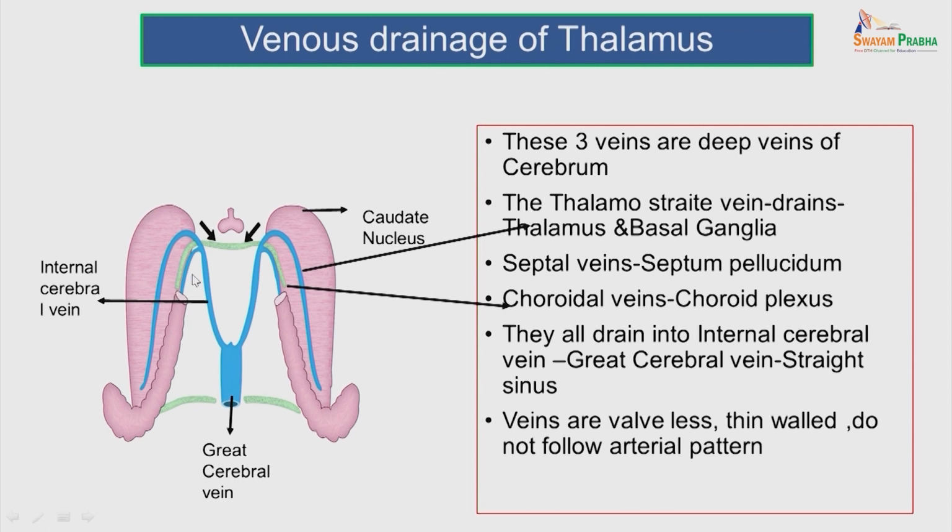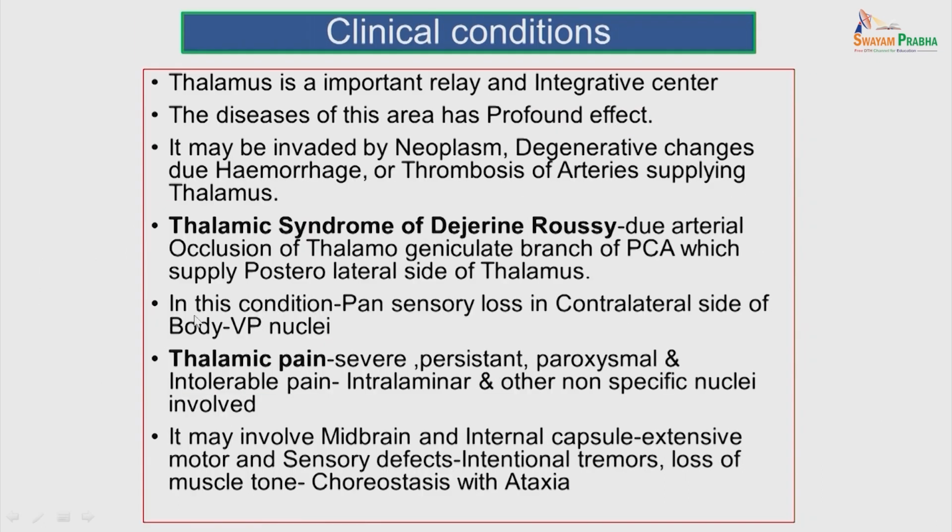They all drain into the internal cerebral vein, which are paired veins, which in turn drain into the great cerebral vein. Finally, this drains into the straight sinus. These veins of the thalamus are valveless, very thin walled, and they do not follow the arterial pattern.